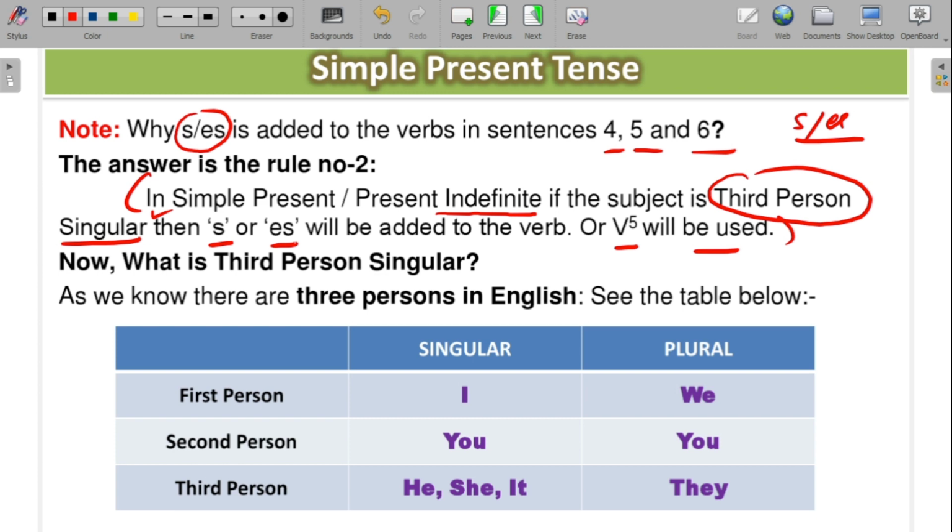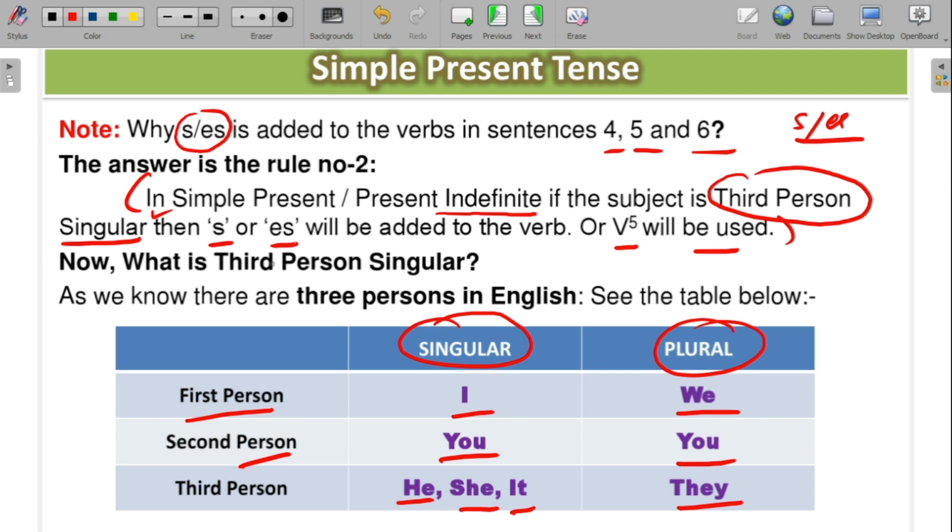Now to recollect the persons, let's see the following table. Here you see first person singular I and plural we, second person singular you, plural you, third person singular he, she, it and plural they.